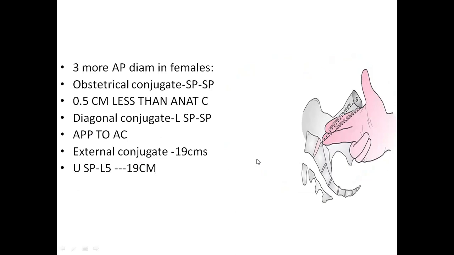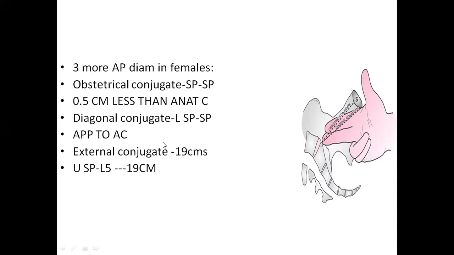Okay, so we have three more diameters in the case of females. We have the obstetrical conjugate, which runs from the sacral promontory to the symphysis pubis. This is 0.5 centimeters less than the anatomical conjugate.